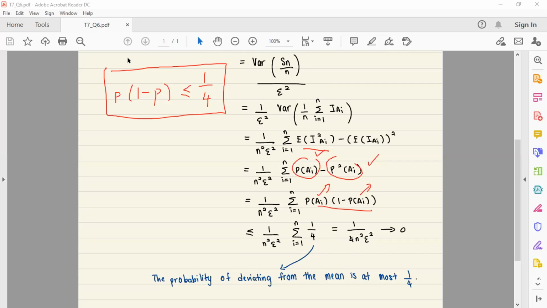This is also considered a basic inequality. Anybody wants to explain? Farah, why is it bounded by 1 over 4? How do we know it's bounded by 1 over 4?